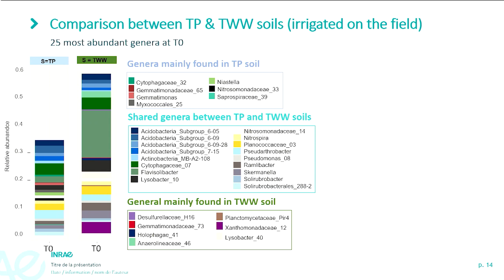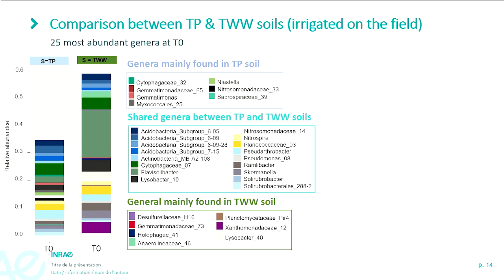And effectively, when we compare our historical soils that were irrigated at different frequencies, we could find different bacterial communities. So here you can find the tap water soil and the treated wastewater soil at the initial time. And some genera were actually mainly found in the tap water soils.